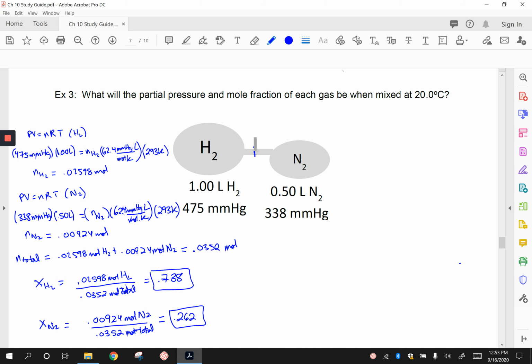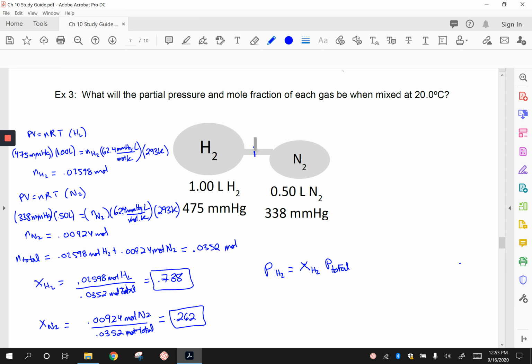Now I've got the mole fractions, I need to find the partial pressures. So I'm going to say the partial pressure of H2 is equal to, oh, I'm sorry, I wrote it backwards. There we go. Partial pressure of H2 is equal to the mole fraction of H2 times the total.